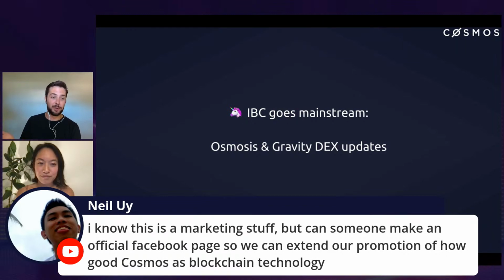We don't like what Facebook does with data. We choose to opt out of those systems. I think most Cosmonauts who are developers fall under that category. So there's that. Also, Facebook quotes us on the first page of their white paper for Libra, which they've built, which is based on Cosmos. So I think there are a lot of reasons we don't have a presence on Facebook. We probably should. Thank you for the feedback, and I really appreciate it.